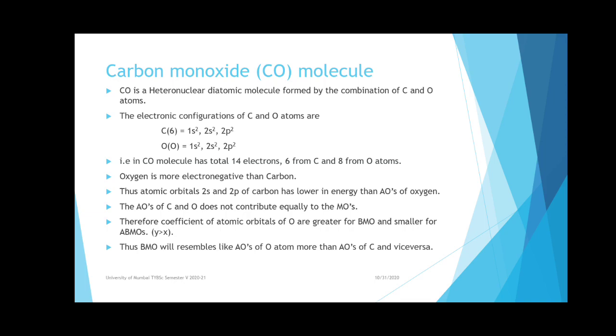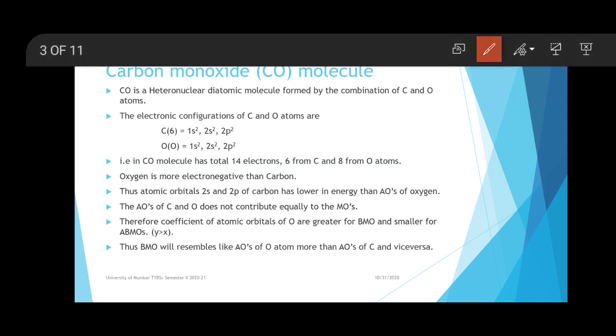This carbon monoxide is a heteronuclear diatomic molecule formed by the combination of two atoms, one carbon and another oxygen. When these two atoms combine together, there is obviously formation of the carbon monoxide molecule.